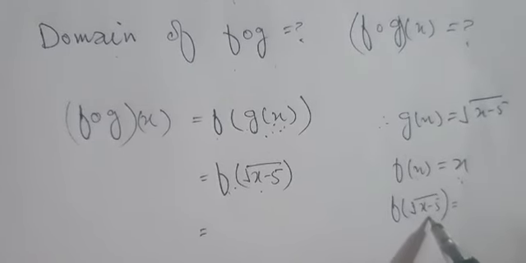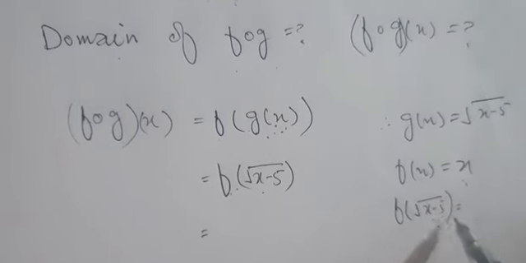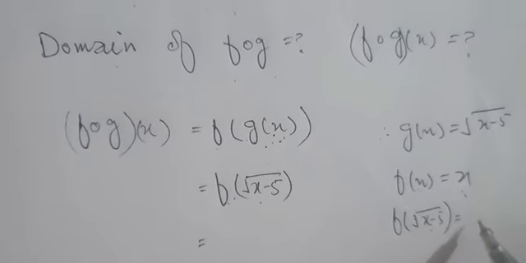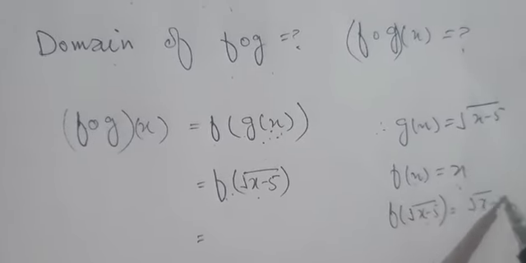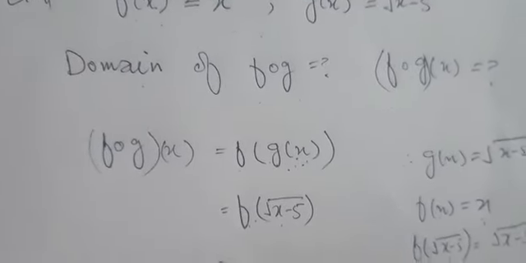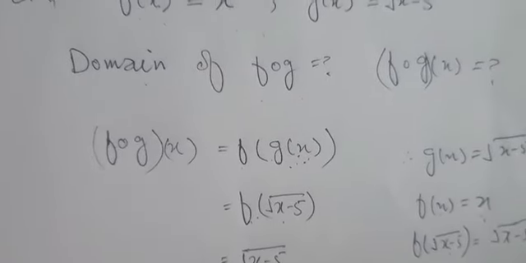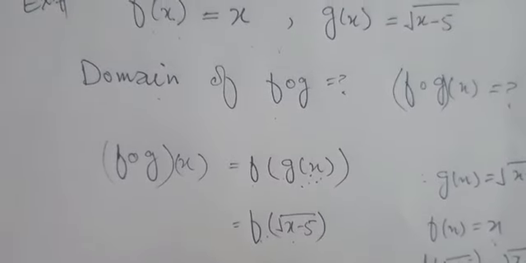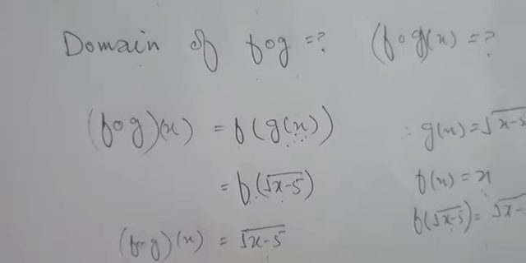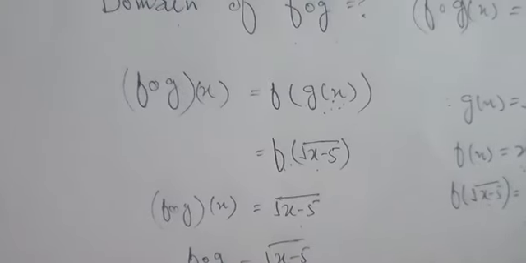So we will just replace x in the above formula with the new function. So this is f of g of x, or you can say that f circle g is this function now.